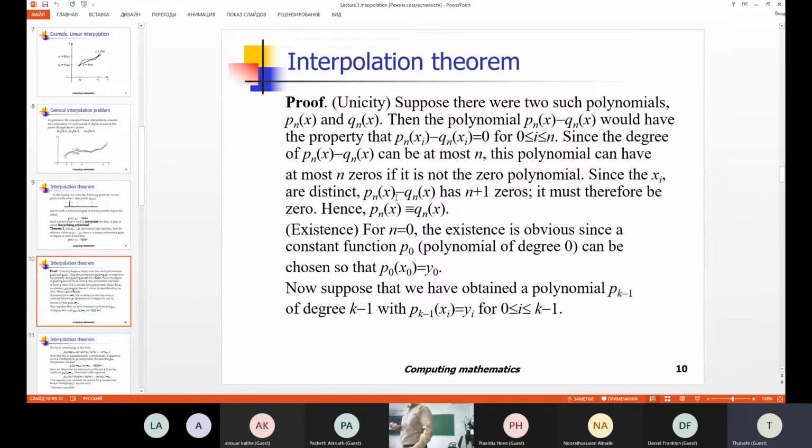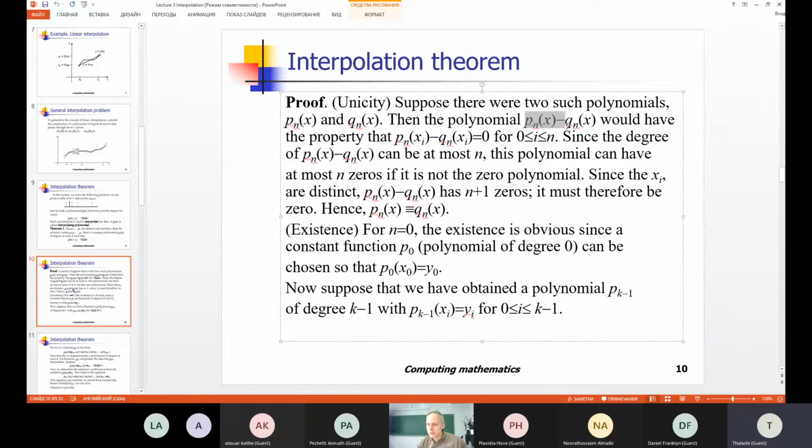And first, let's prove uniqueness. Suppose that there are two such polynomials, Pn and Qn. So the polynomial is not unique, and there are two polynomials.